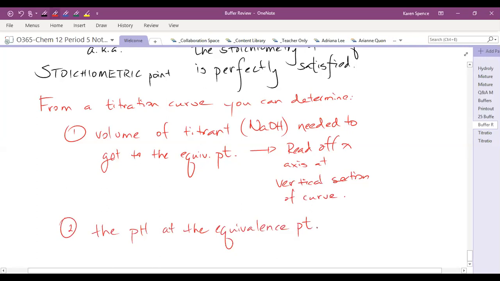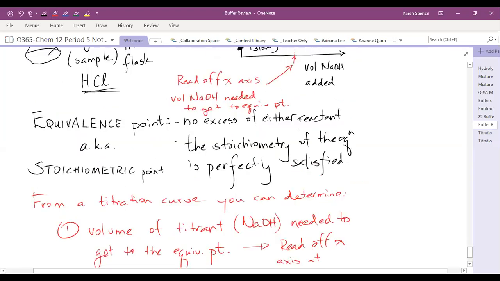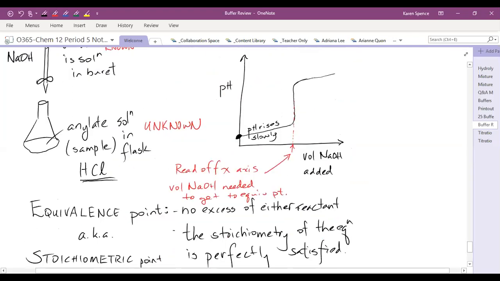Let's go back up to our graph, and we are going to find the midpoint of the vertical section. That's going to give you the pH at the equivalence point.